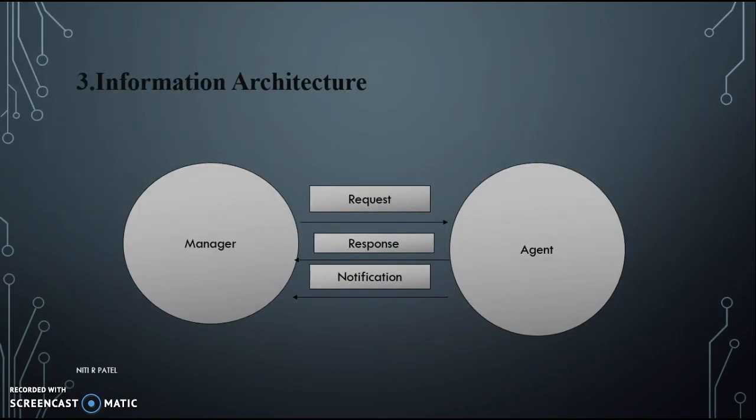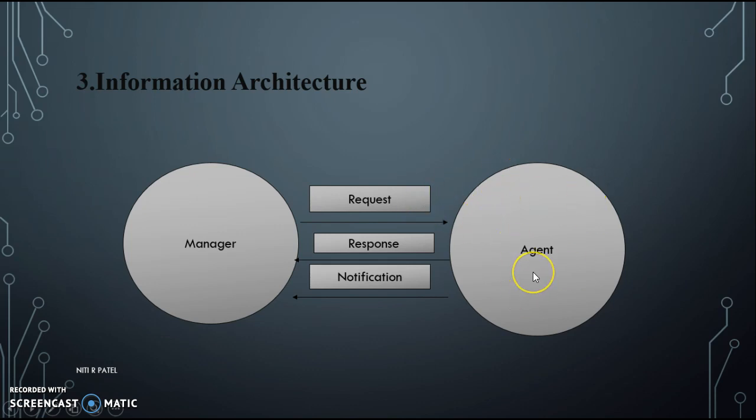Information architecture. The information architecture shows the exchange of information between two types of entities. The two entities involved in the information architecture are the manager and the agent. The manager performs the operation or sends a request to the agent to perform the operation.